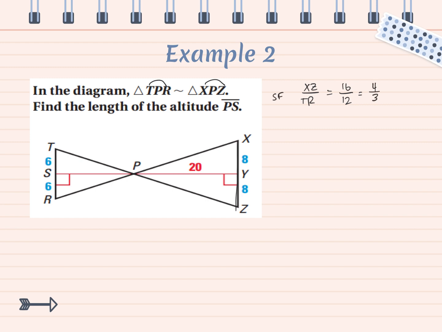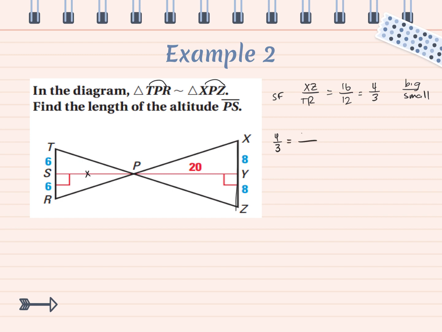So I know the scale factor of the small one to the big one. Let's put big up top. I did big over small, or right over left, however you want to do it, but I had that relationship. So now if I'm trying to use that scale factor to find this missing piece, let's call it x, that missing altitude that I'm looking for, then I'm going to use the same ratio.